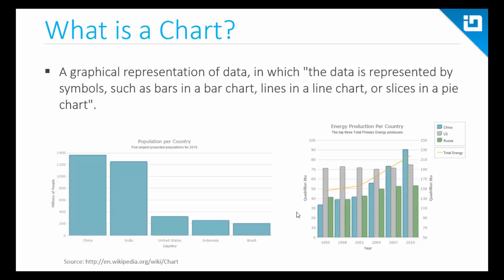Really, when we think about a chart, we have qualitative or quantitative data that we are trying to display based on a time series or a category series, and it could come in different fashions. In these examples, we have bar charts, and we have a trend line on the chart on the right-hand side, but today you're going to see a bunch of different charts and the scenarios in which you would use them.